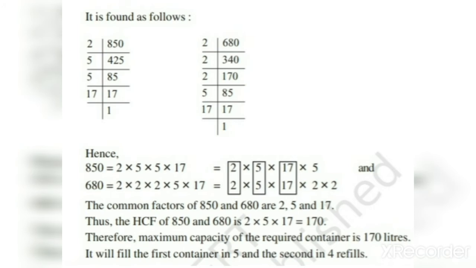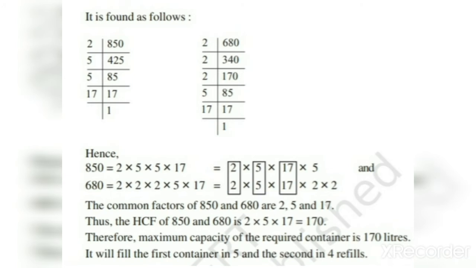Here we have done prime factorization of 850 and 680 by division method. If you wish, you can use the factorization method or factor tree method.